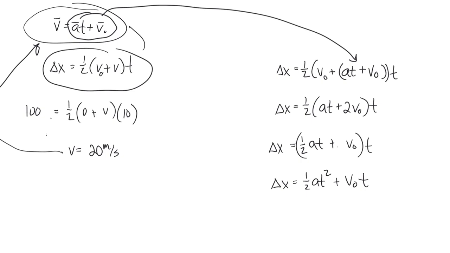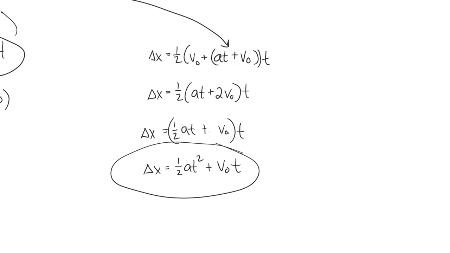Now, I need to make a couple of points here that are important to me. They may not be important to you, but it brings us full circle, and it's important that you see this full circle thing, all right? Just take this for a minute and consider us going to the side and remembering that delta x is x minus x naught. I'm just going to move the x naught to the other side.